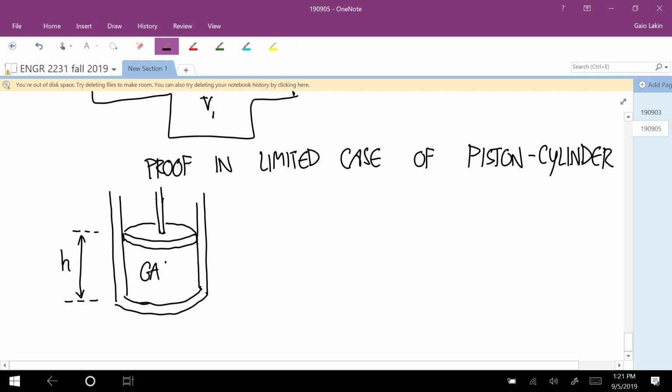Okay, this is the gas. Well, W is the work done on the surroundings, right? That's the sign convention we're using. Okay, all that is the gas.